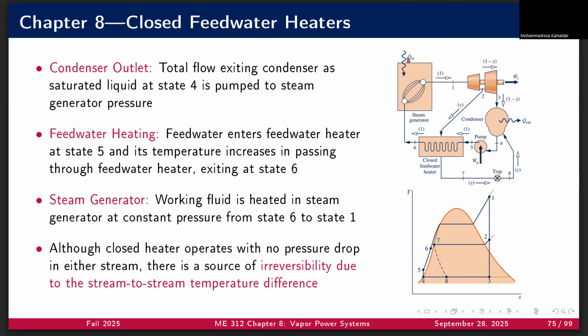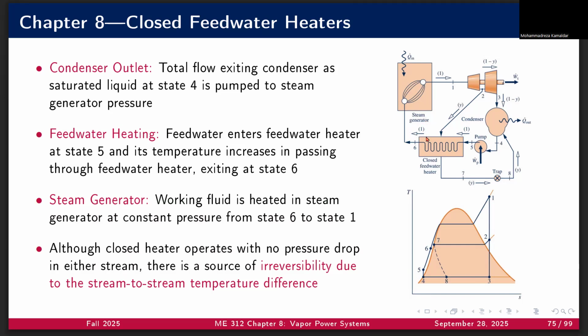And the heat added here is Q dot in. So while this cycle introduces complexity, the preheating of the feed water from state 5 to state 6 means that we add Q in starting from a higher average temperature, which is what boosts the thermal efficiency.